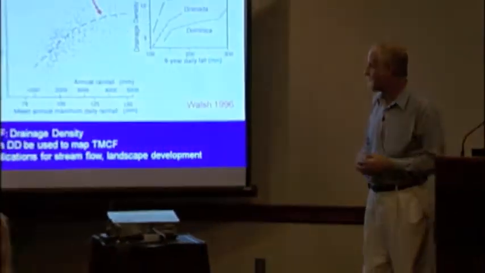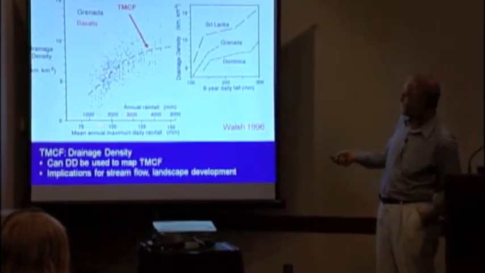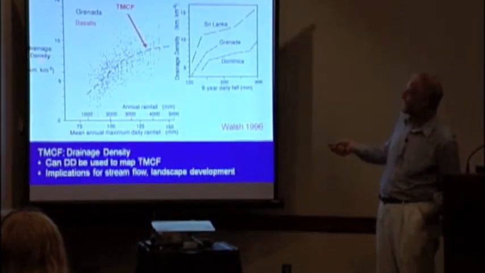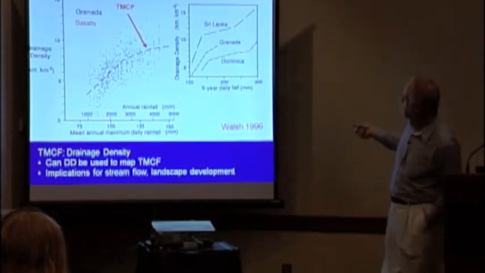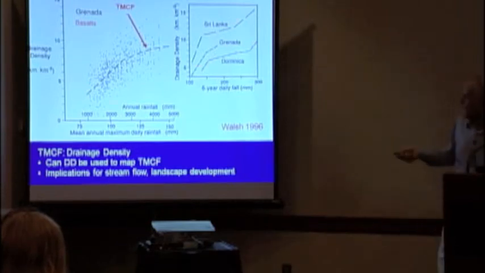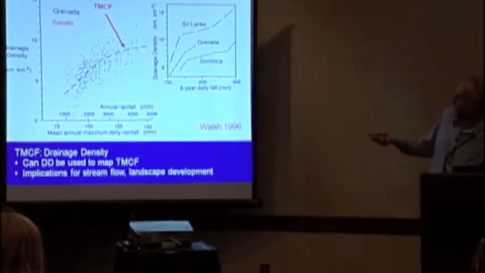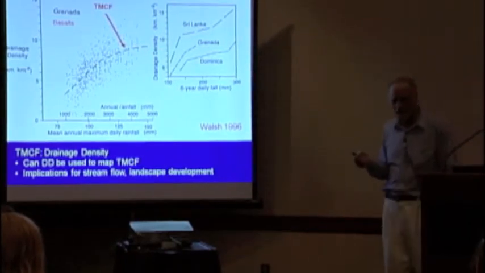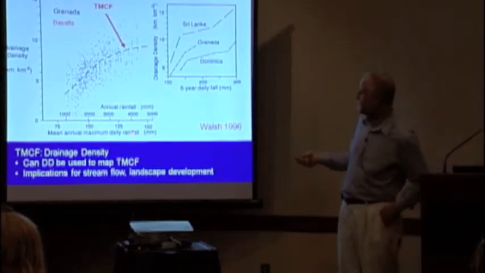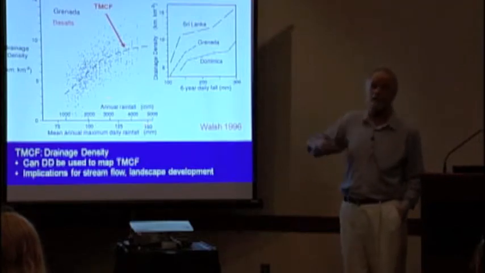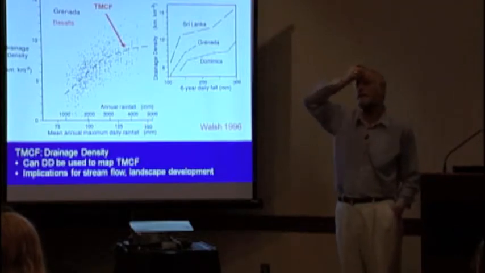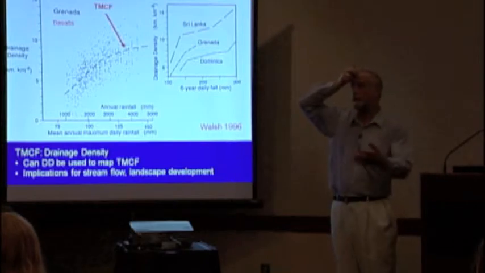It turns out that if you look at rainfall versus drainage density, in a number of places, Dominica, the tropical montane cloud forests actually have slightly fewer streams than other places, even though they get a great deal of rain, 4 to 5 times as much rain as we get in Philadelphia, which always seems to me like it's a wet place.